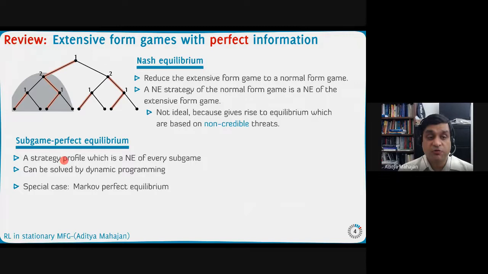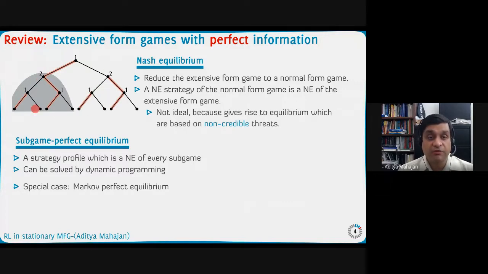A strategy profile is called a subgame perfect equilibrium if it is a Nash equilibrium of every subgame. So if we look at the subgame starting from this node, it should be a Nash equilibrium. The subgame starting from this node should be a Nash equilibrium, and same for every other node. This rules out non-credible threats, because when we start in any particular subgame, we have to play strategies which are Nash equilibrium for that subgame.